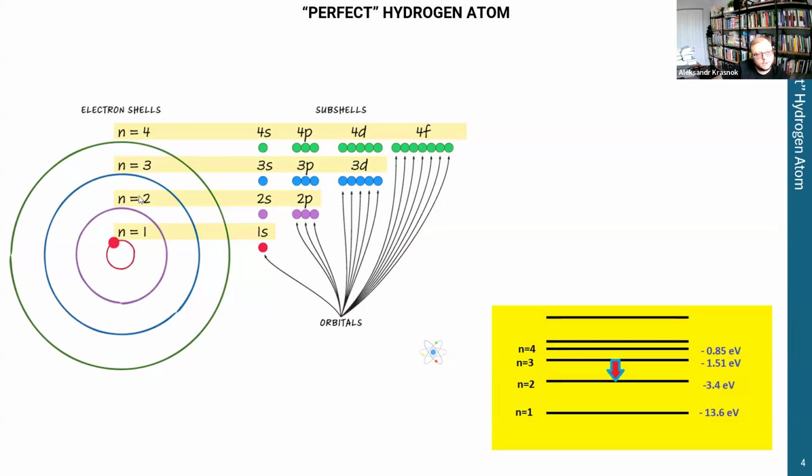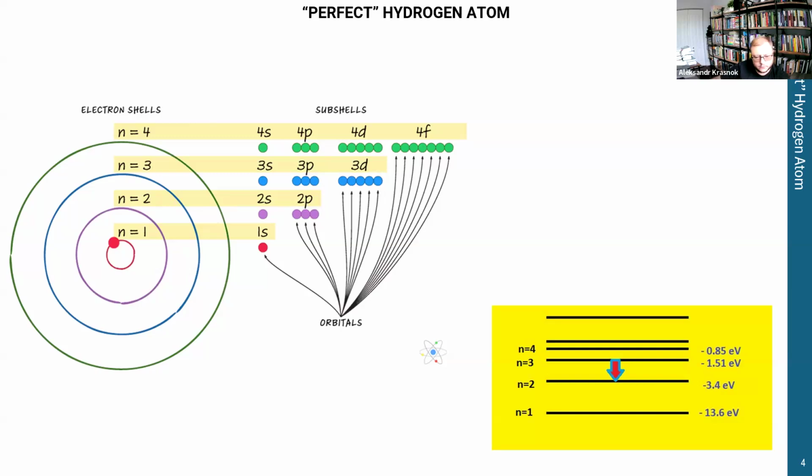For every shell n, we have different electronic configurations described by subshells, and these subshells consist of different orbitals. So these circles, red, pinkish, blue, green, represent the orbitals, right?